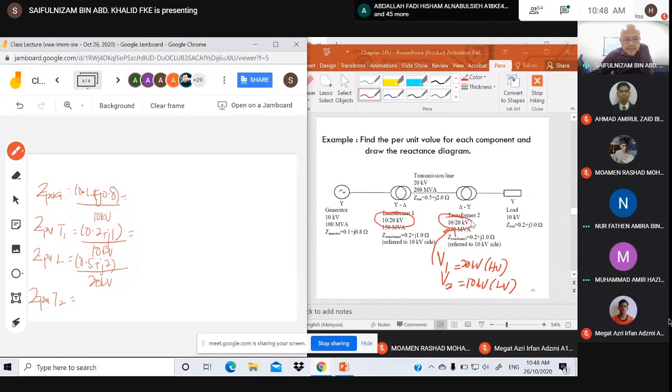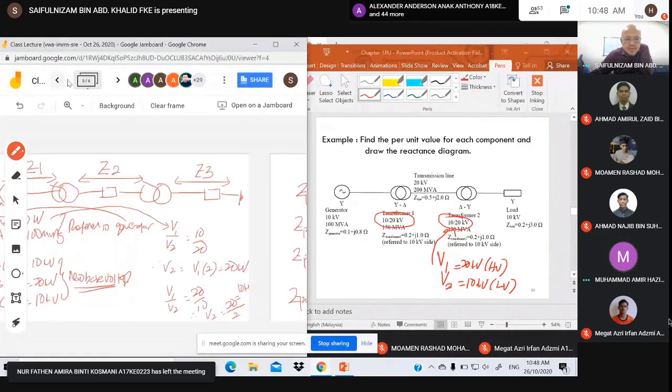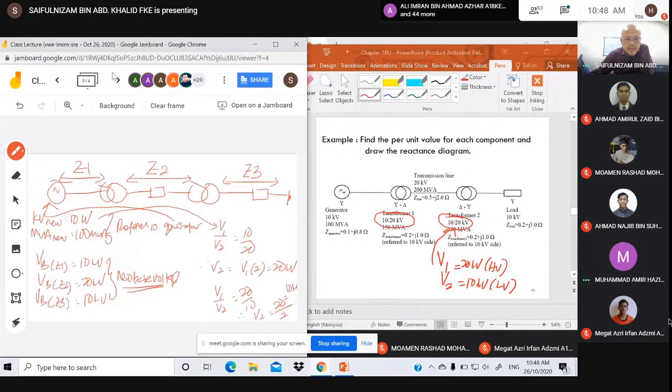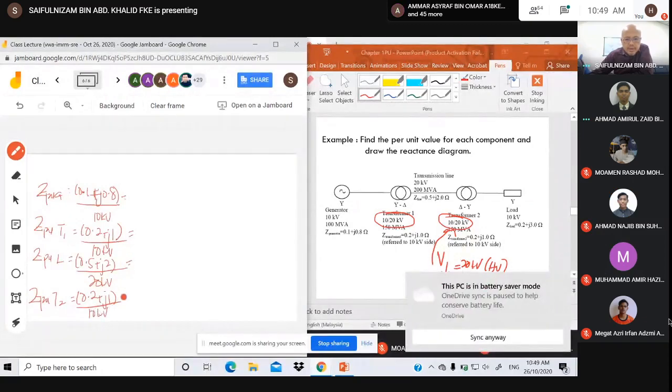So 0.2 plus j1, divided by, you have to refer to the 10 kV, which is the secondary. So what is the secondary new base voltage? 10 kV. Divided by 10 kV. Okay, what is the final answer?